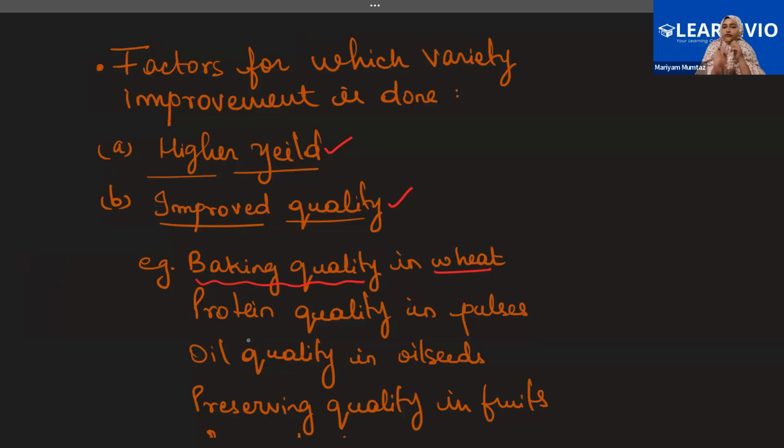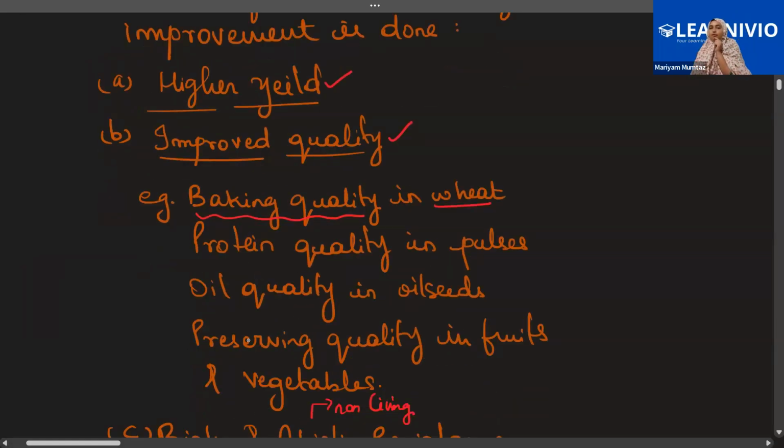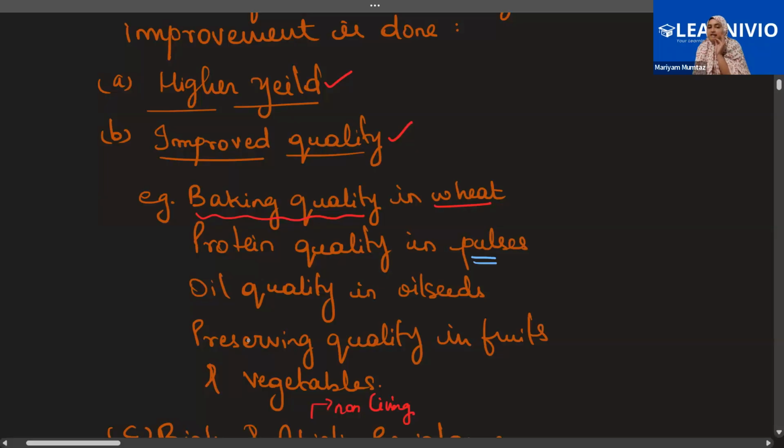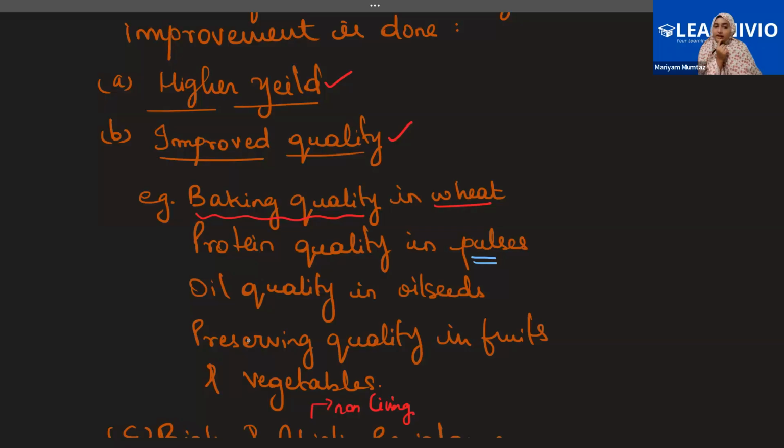and we have improved quality. For example, if you want to improve the quality, like baking quality in wheat, it should be good while it is used in the baking process. Protein quality in the pulses: pulses are a great source of protein, so they must have an adequate quantity of protein in them so that when we consume it, we will get a lot of protein.